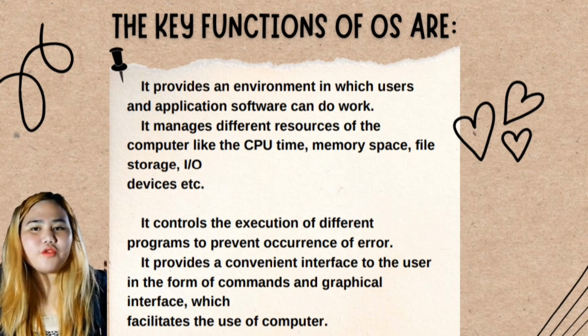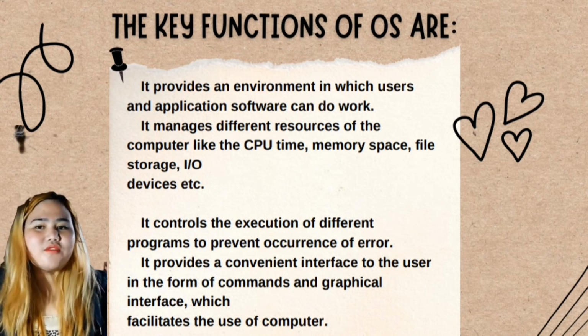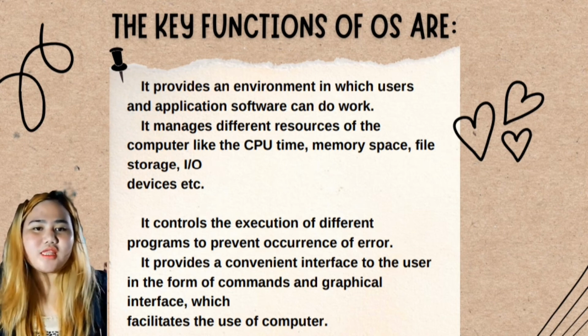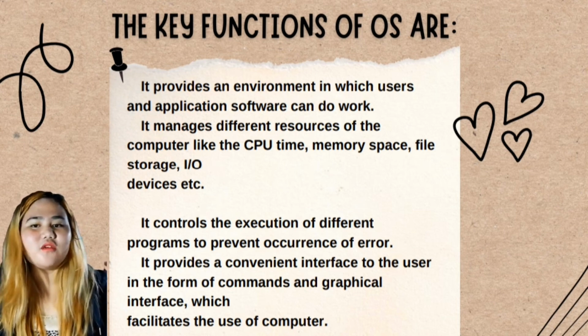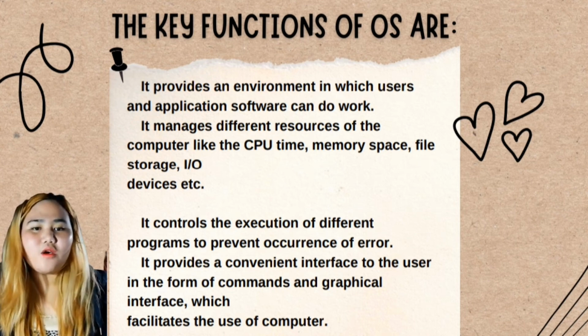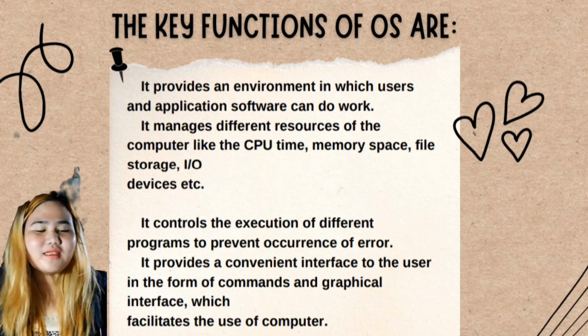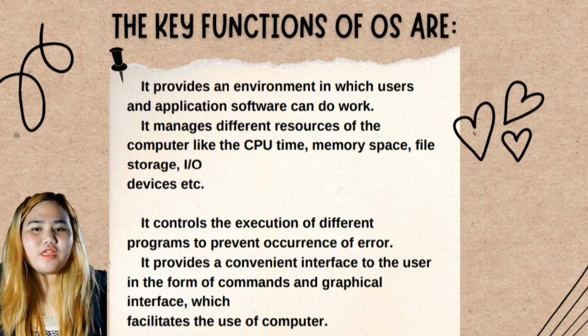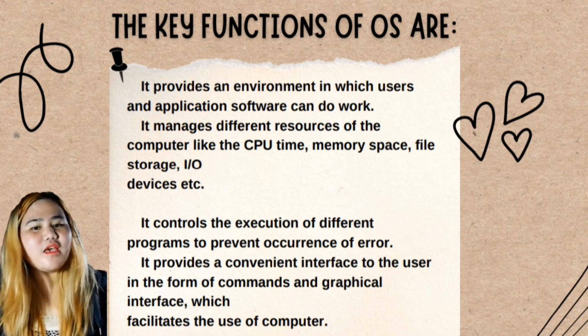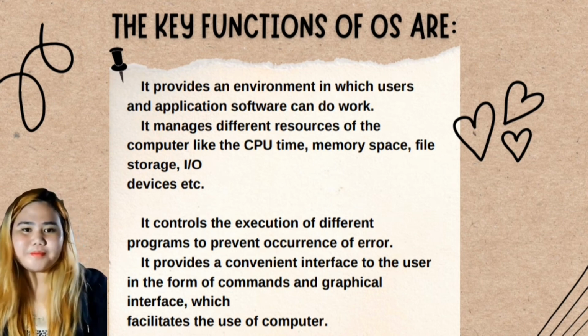During the use of the computer by programs and users, the operating system manages various resources and allocates them efficiently whenever required. Number 3, it controls the execution of different programs to prevent the occurrence of errors. The last is that it provides a convenient interface to the user in the form of commands and a graphical interface, which facilitates the efficient use of the computer.